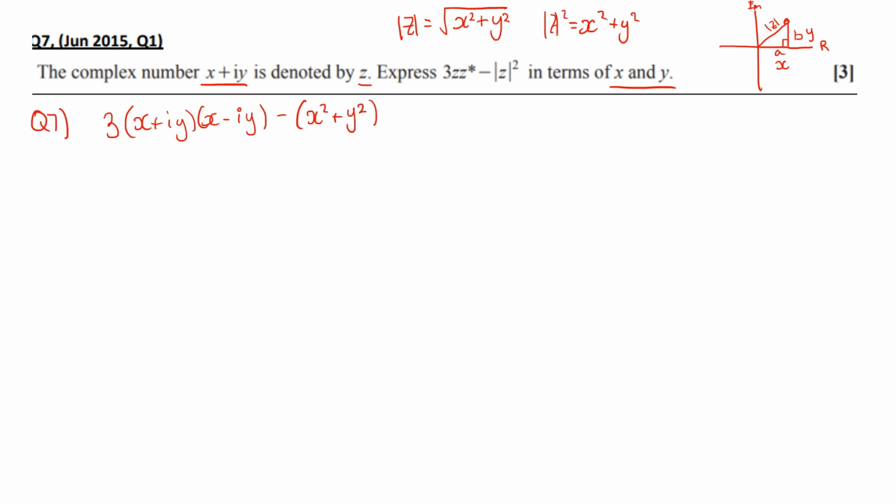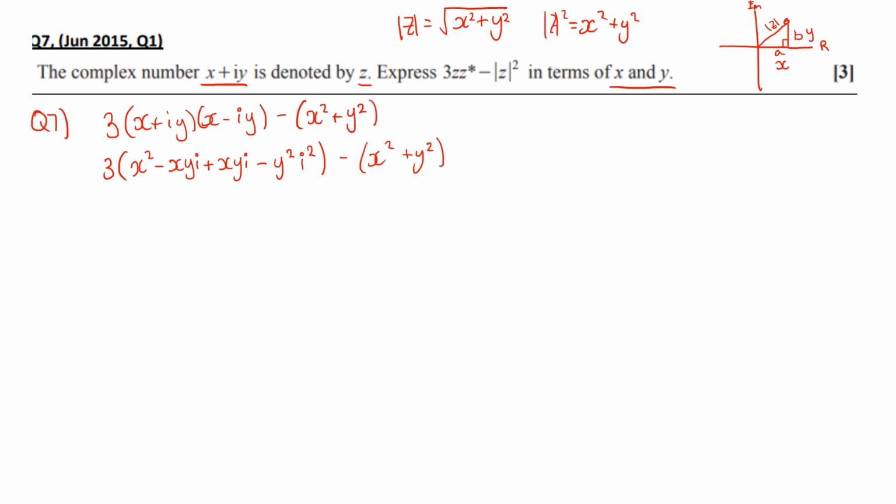Right, so let's times these brackets out. So 3x squared minus, let's go xyi, plus xyi, and then minus y squared i squared, minus x squared plus y squared.